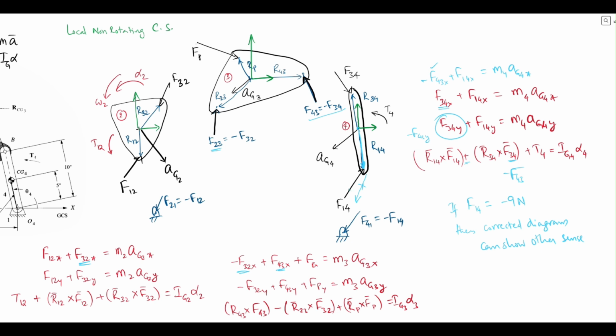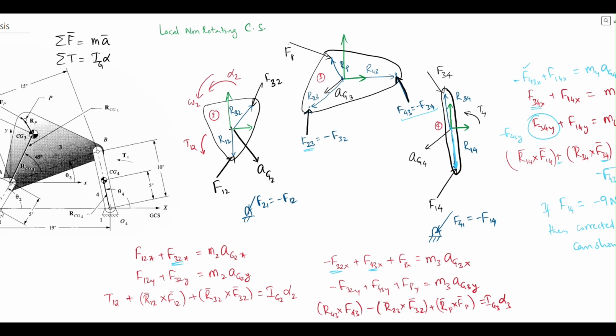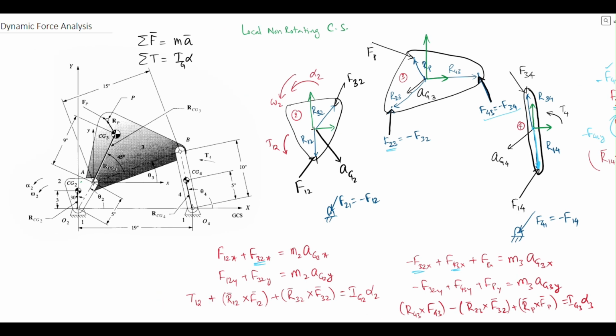Otherwise, whatever I've assumed, based on that, I will split this into the x and y components. So these will be the x and y components of f14. All right, I hope that explains the four bar in sufficient detail, how we have written all the equations necessary for solving the dynamic force situation, or dynamic equilibrium situation.